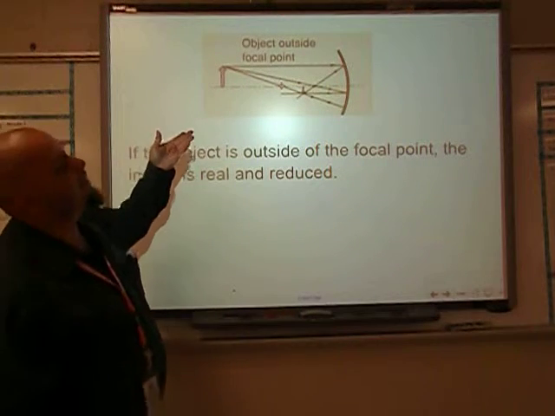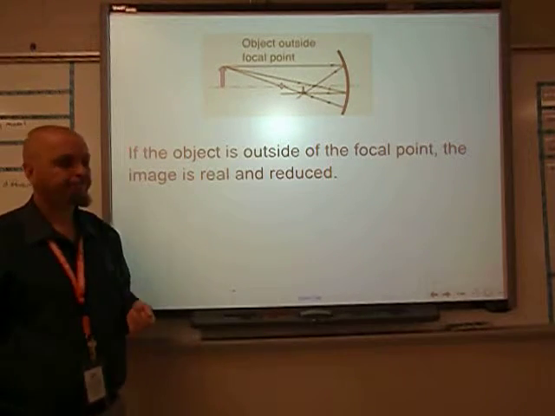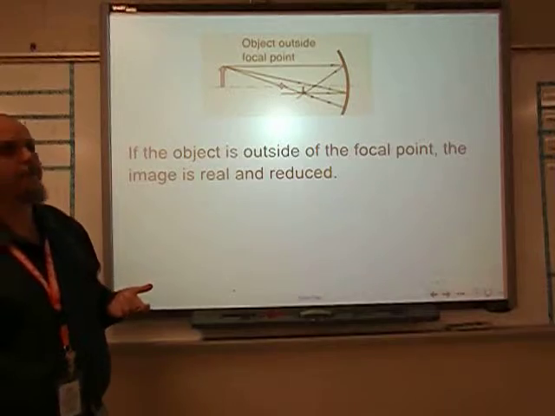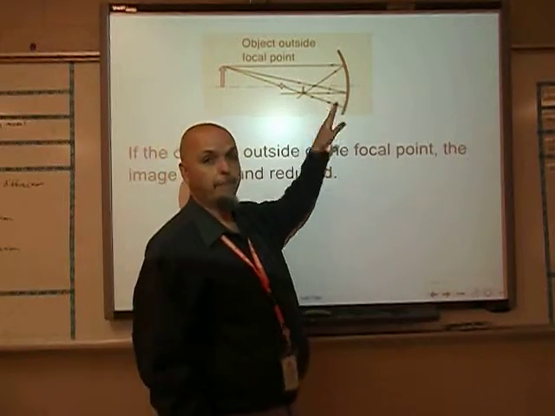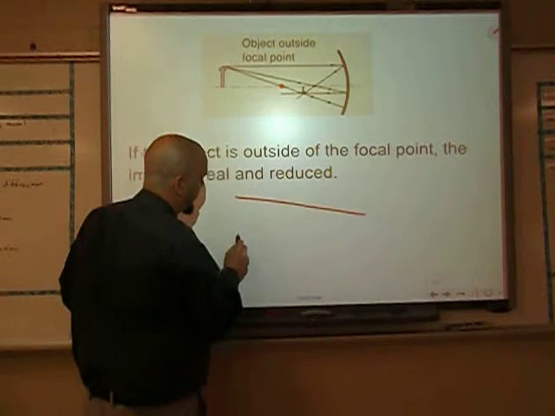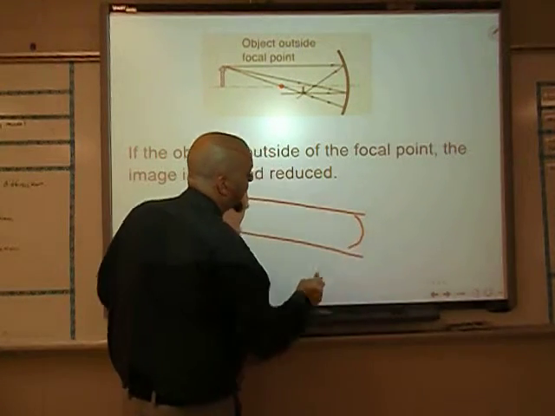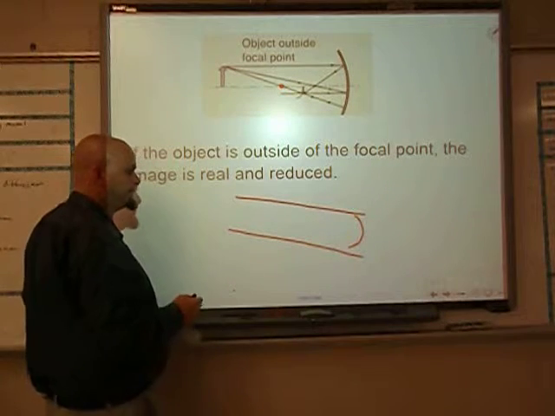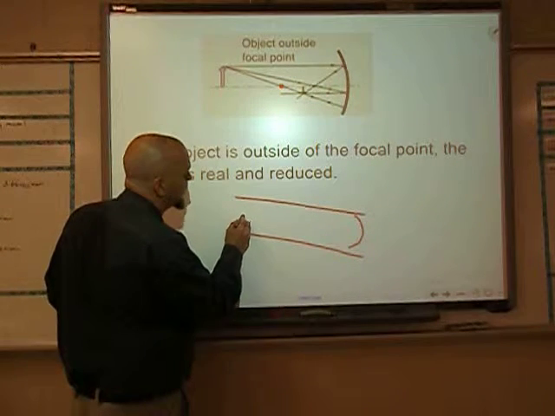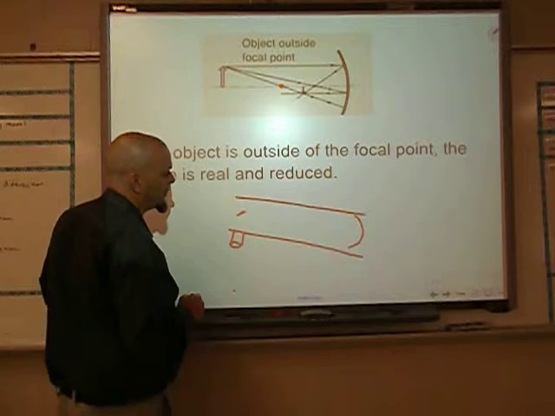An example of this, where this would be utilized, would be in reflecting telescopes. In a reflecting telescope, there is a concave mirror in the very back of the tube. So what you have is a long tube, and at this end you have a concave mirror. Up in the front, you have a smaller secondary mirror, and that's where the eyepiece goes.